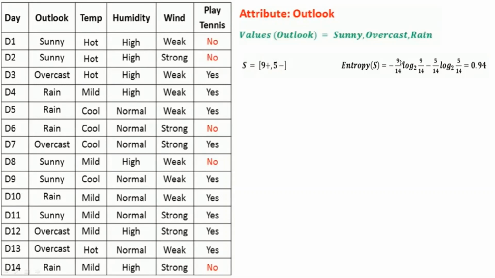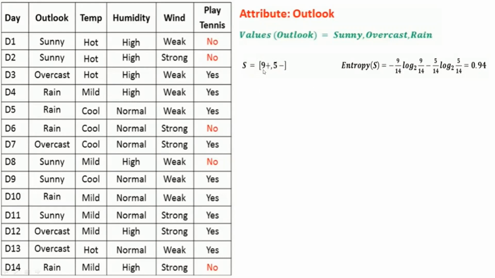It is minus 9/14, since 9 are positive out of 14, multiplied by the log of that probability, minus 5/14, since 5 are negative out of 14 instances, and those negative instances will also give a logarithmic value. The difference of these two terms gives the entropy of the data set.